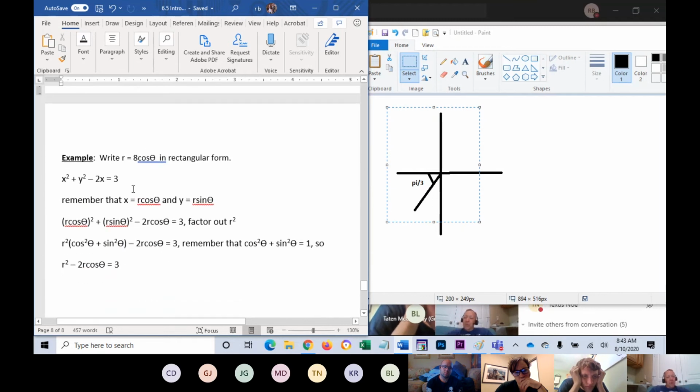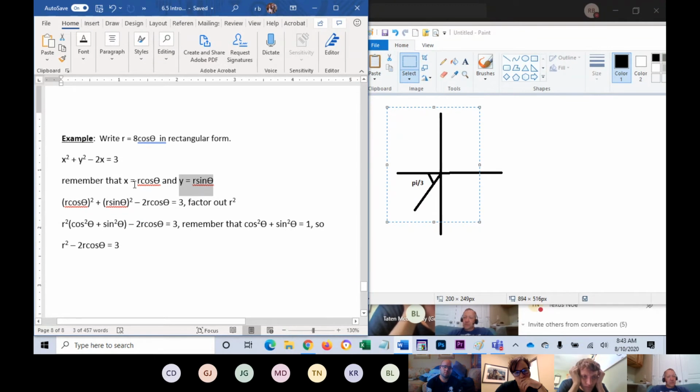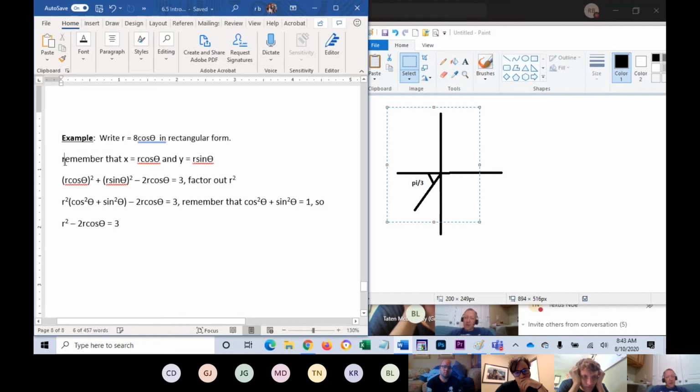We can remember that x equals r cosine theta and y equals r sine theta. I think I've messed this up. This isn't the same thing. No, this is supposed to be this. I think this is what happened in polar form.